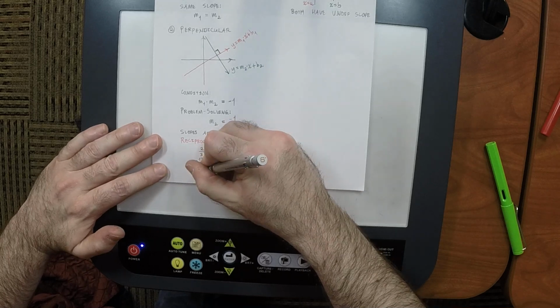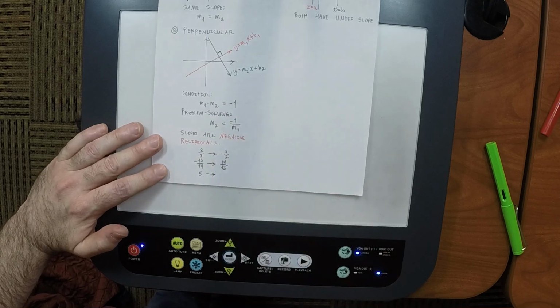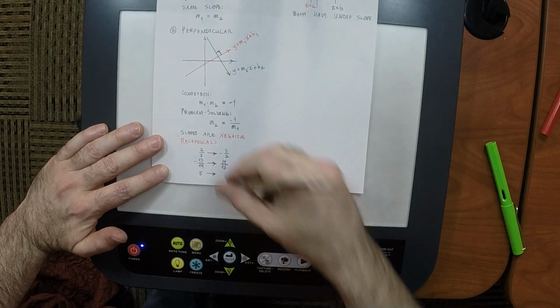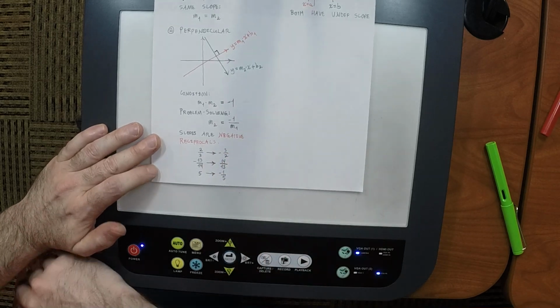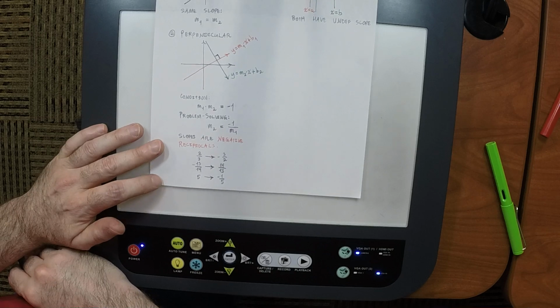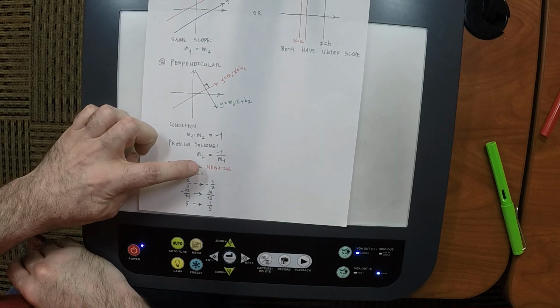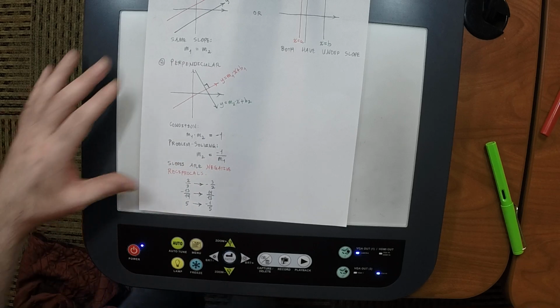What is the perpendicular slope to 5? Negative 1 over 5. So the most common mistake that students make is they do just negative or just reciprocal, but not both.